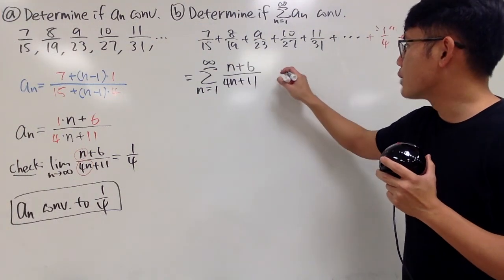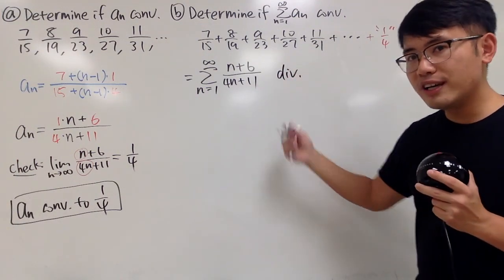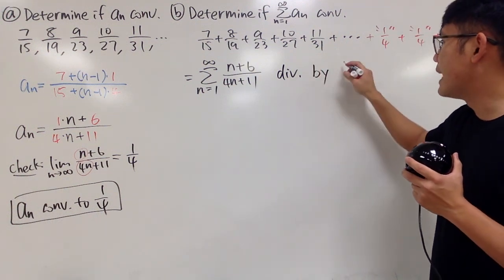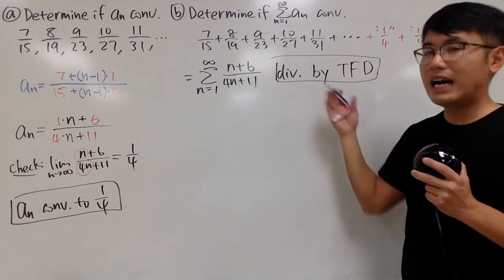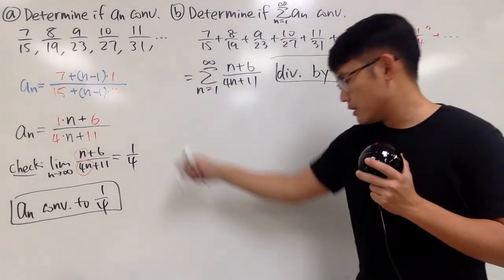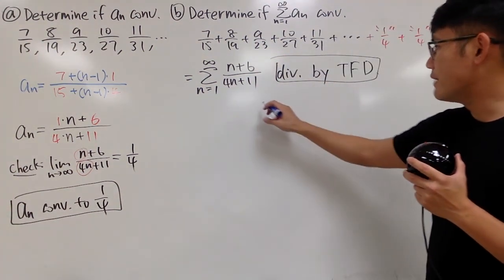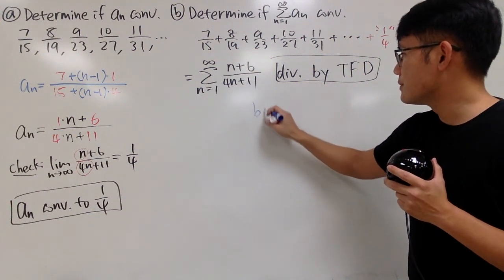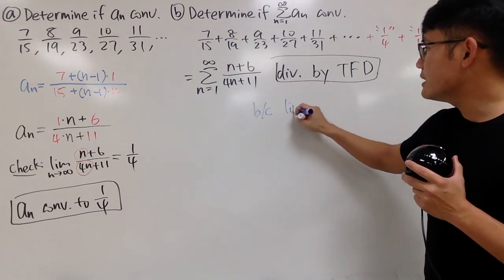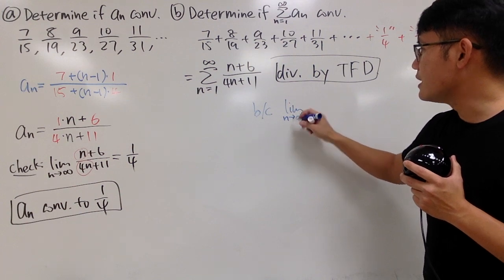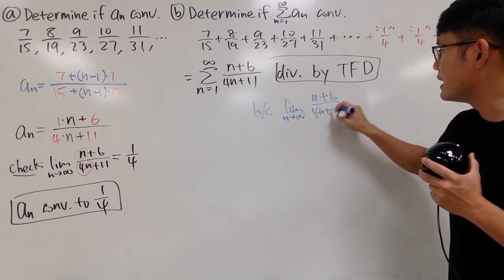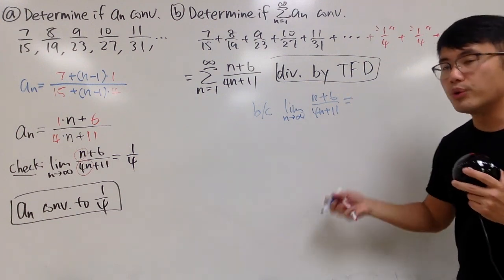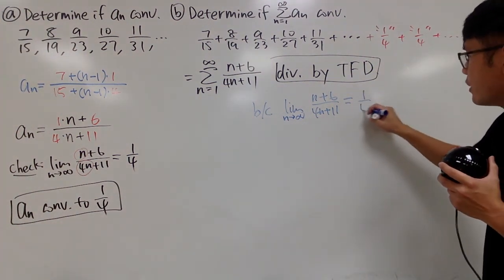I will tell you this right here diverges, and the reason is by the test for divergence. And this is all you have to put down because over there we have seen that, right? So this is because the limit as n goes to infinity of (n plus 6) over (4n plus 11) was equal to 1 over 4 that we did over there.